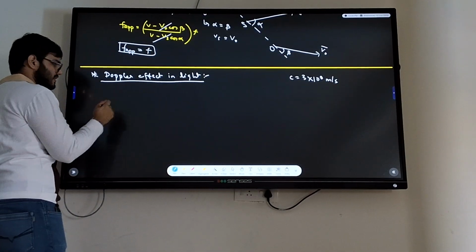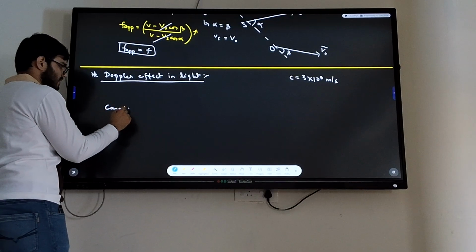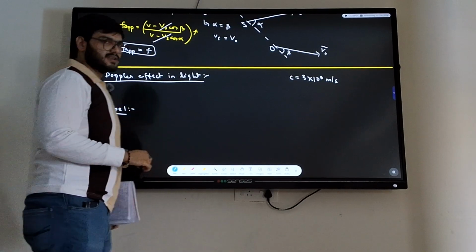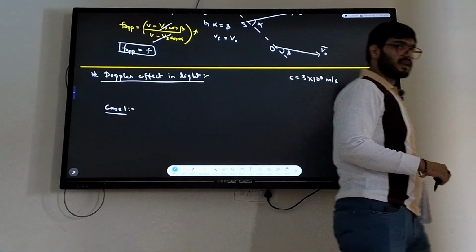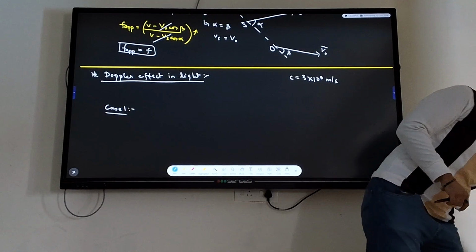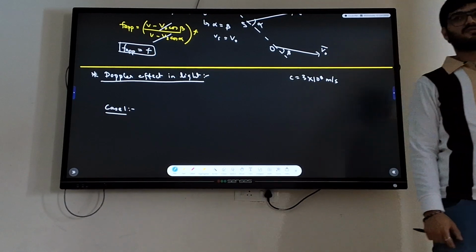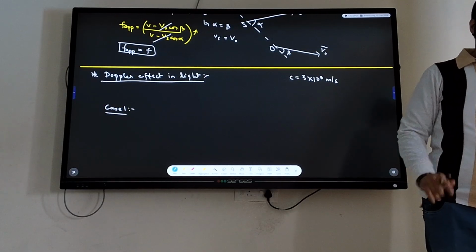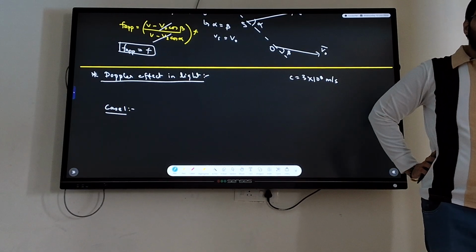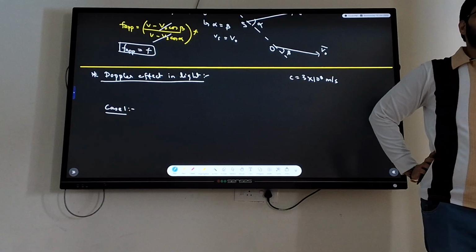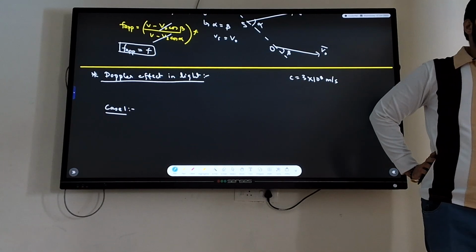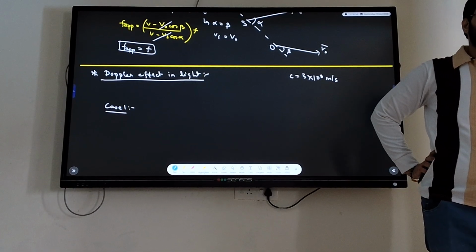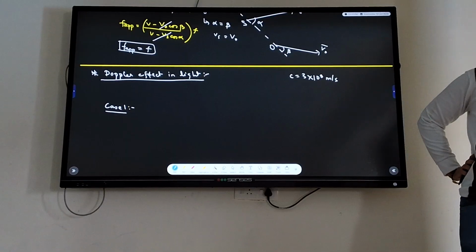I will write something here, but write case 1. So the thing is that Doppler effect in light has nothing to do with the individual motions of source and observer. I will try to justify it later, but I am just giving you the statement right now. It has everything to do with the relative motion between the source and observer. So we will only care about the relative speed. Okay? And I will call it V.